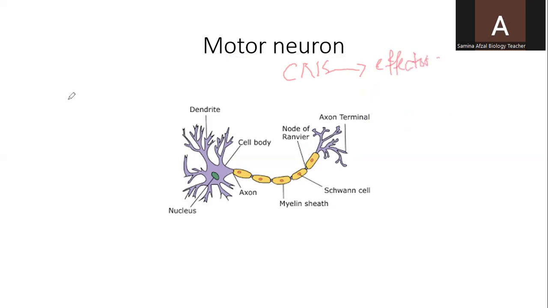Here in its structure, you can see a large cell body with nucleus and cytoplasm, and the cell body is further divided into dendrons, and dendrons are divided into dendrites. Again, there is a long axon covered with myelin sheath, and nodes of Ranvier are there, which are the gaps between the myelin sheath. Axon terminals are also there. The motor neurons are also called effector neurons.